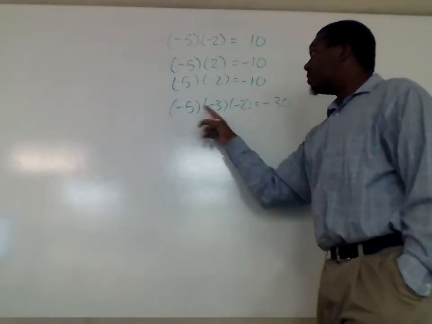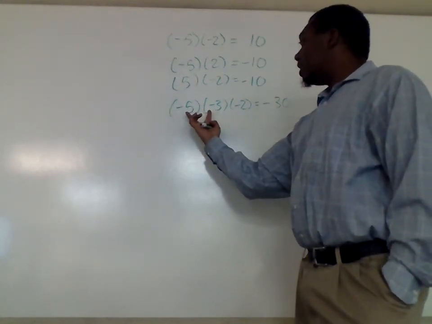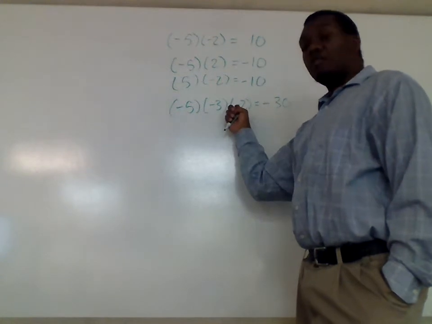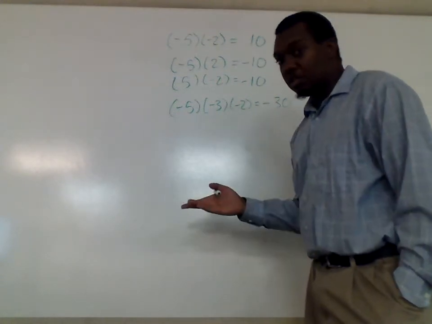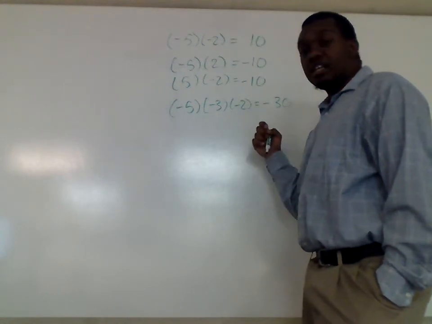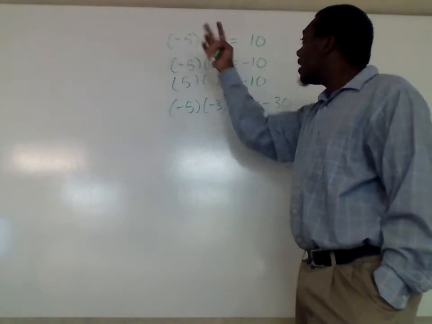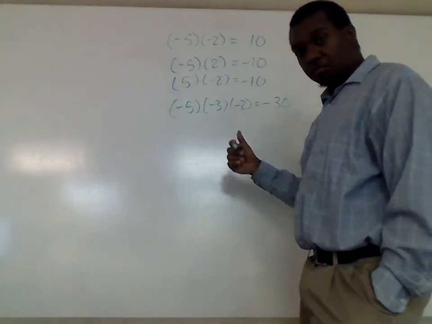When you have an odd number, however, the even ones will cancel out, but you'll still be left over with an extra negative. It just will always happen. So if you have an odd number of negatives, your answer is negative when you're multiplying or dividing. If you have an even number of negatives, like we had in the beginning, your answer is positive.